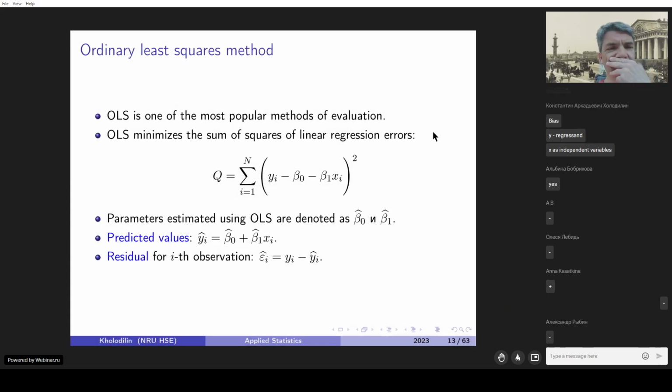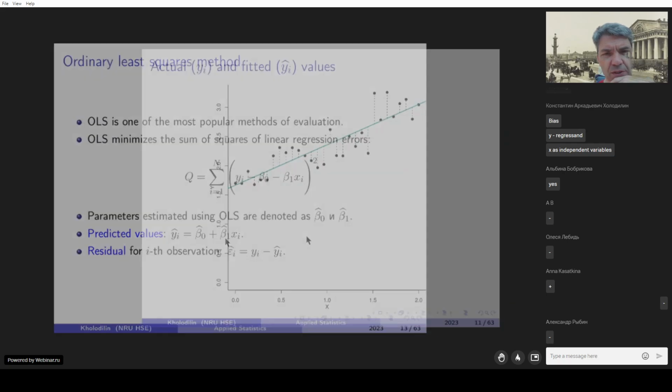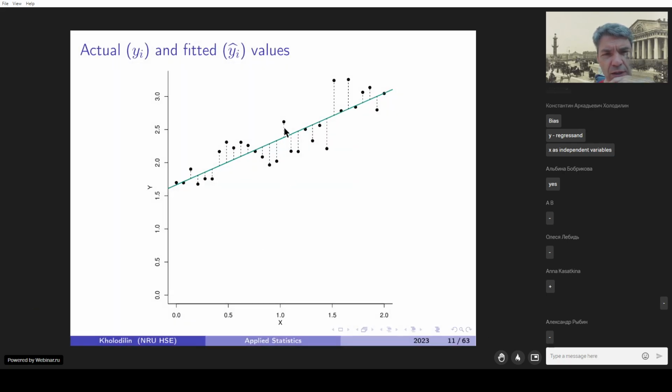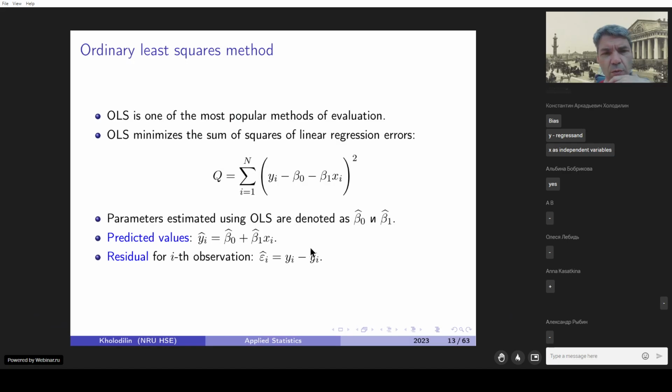The idea of OLS is to minimize the sum of squares of linear regression errors. So remember these deviations from the straight line. We square them, compute the sum of these squared errors, and we want to minimize this sum. What we have here are the observed values of y, and these are the fitted values of y.